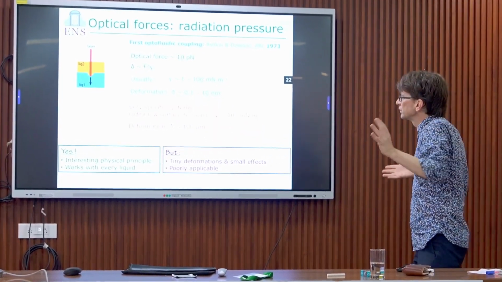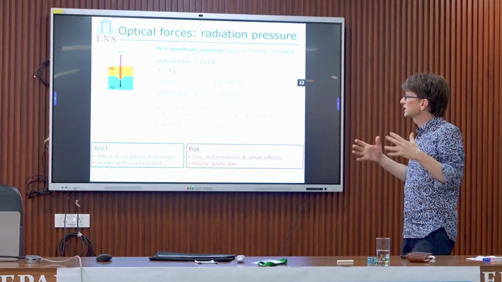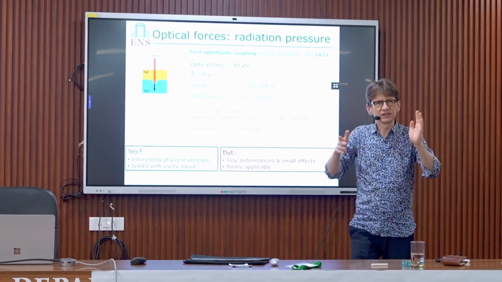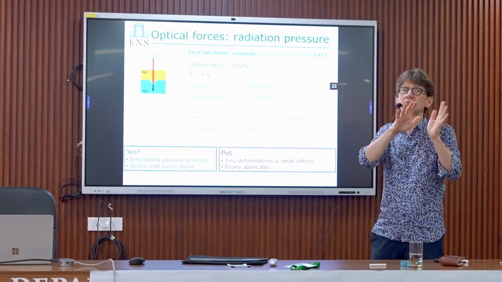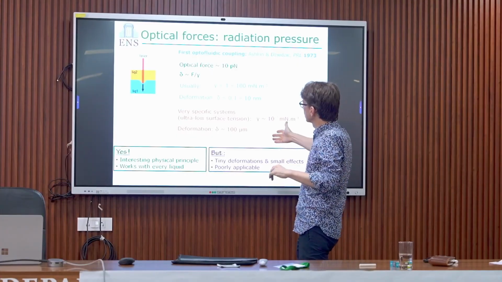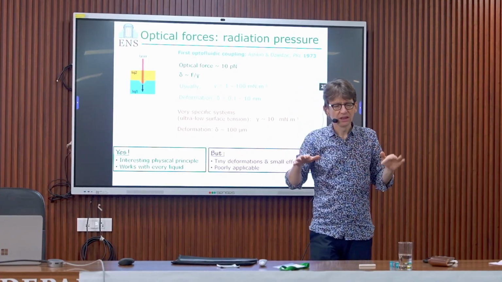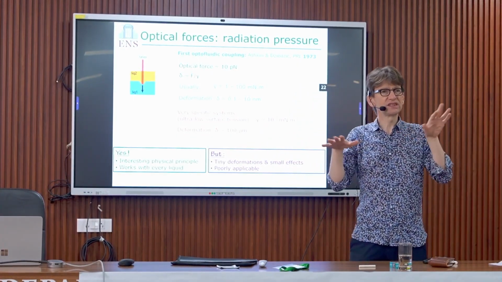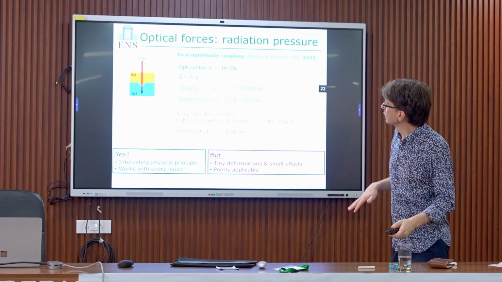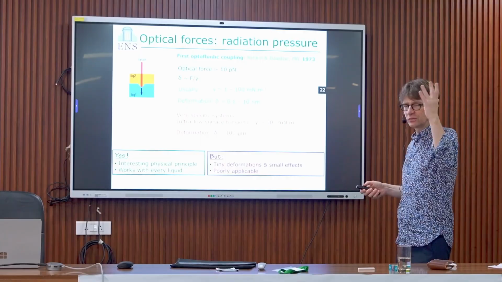So what you can do is take some very strange system with ultra low surface tension, for example something close to demixing. In this case, you can get some deformation, but only if you go to a very exotic system with very low surface tension. So that's interesting in principle.